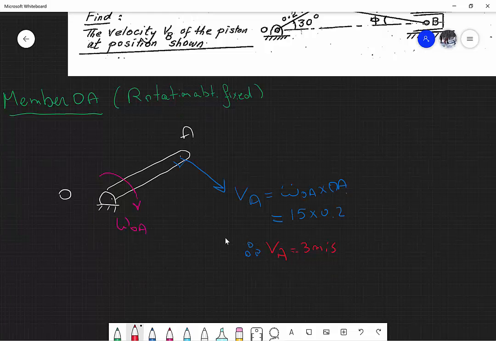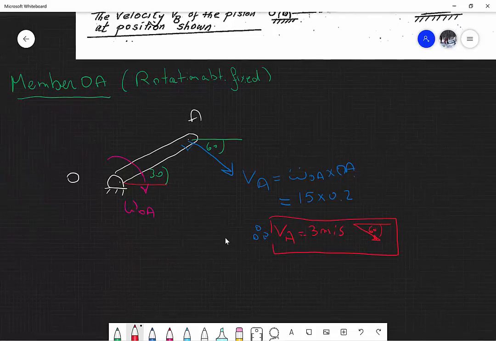The remaining thing is the angle. This angle was 30 degree, so this angle will be 60. So we found the velocity of A.